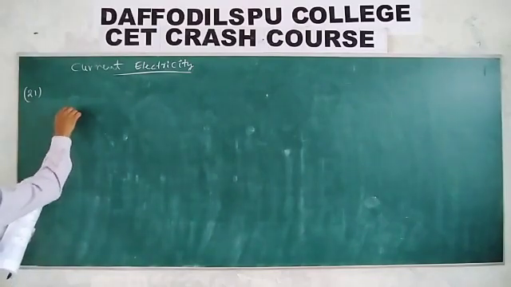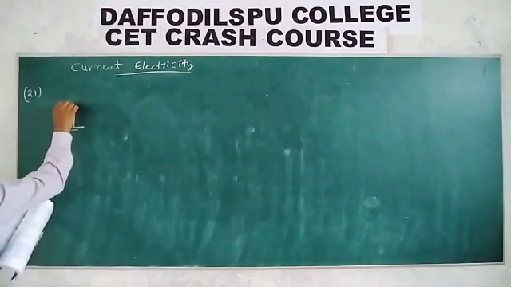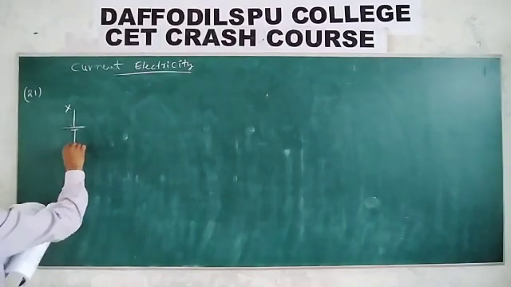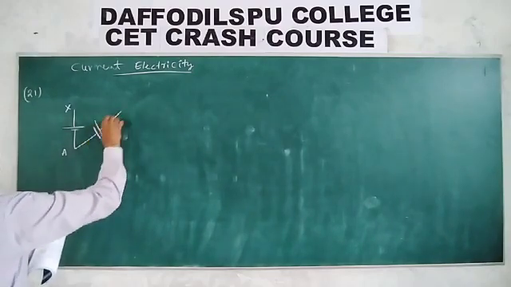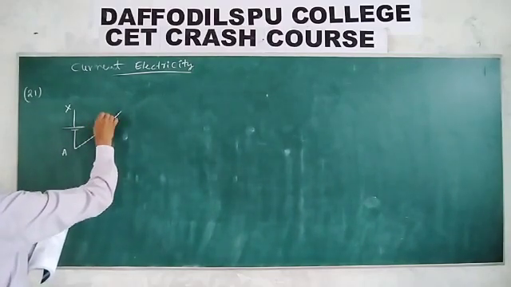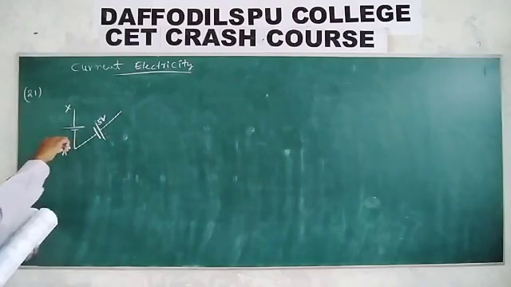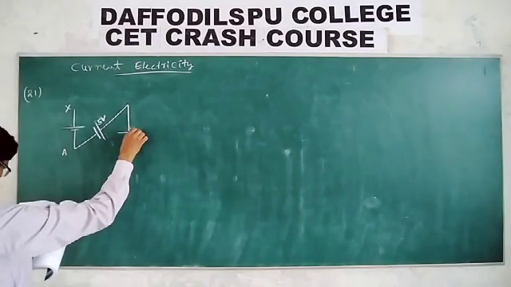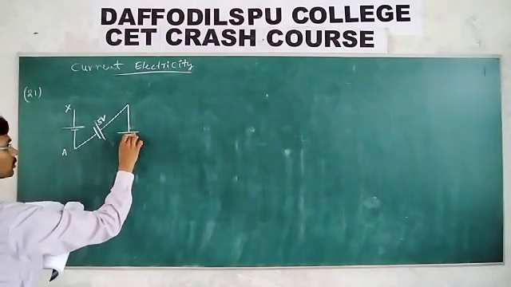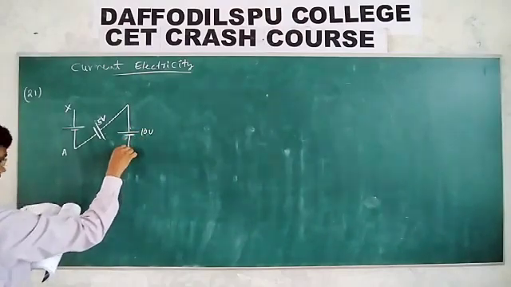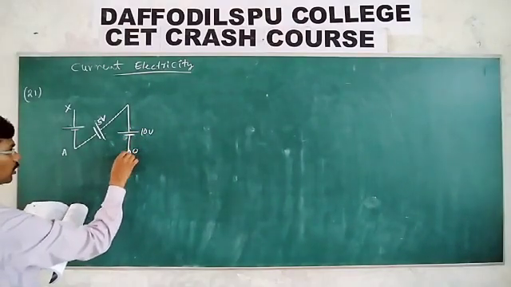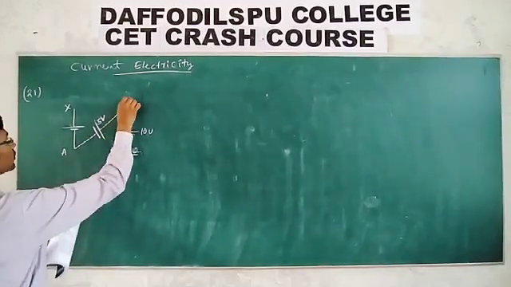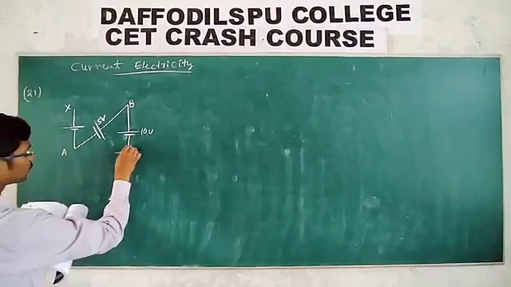Let me take here it is X, and here we have A, and here is 5 volt, 5 volt, and again 10 volt. Here O, which is grounded. Let me take this one. Here it is point O.